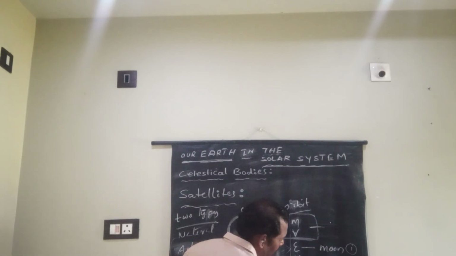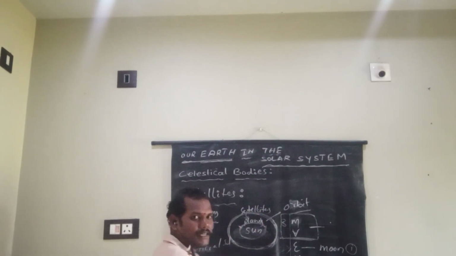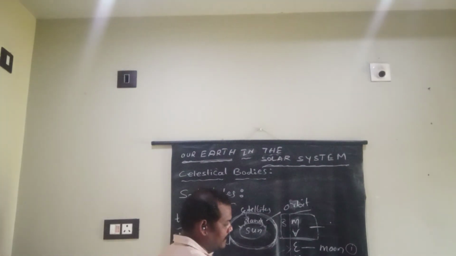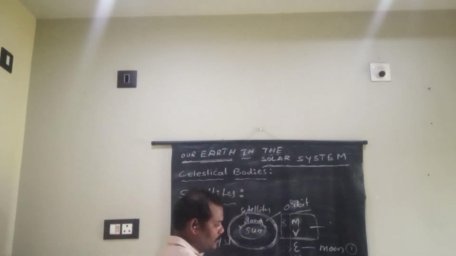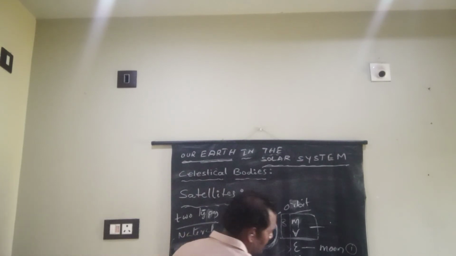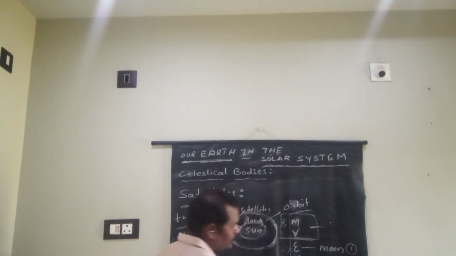Saturn has 58 satellites. Uranus has 27 satellites. Sorry, Neptune has 13 satellites.